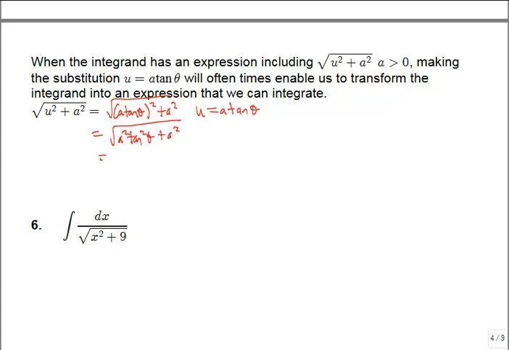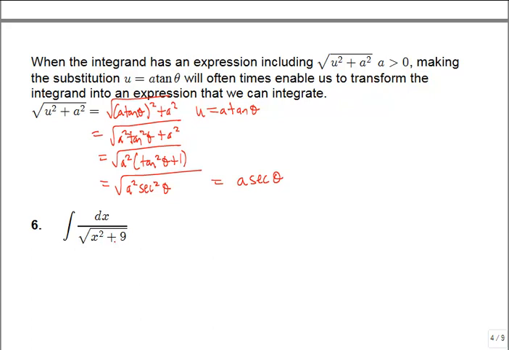If we factor out our a squared, we're left with tangent squared theta plus 1, which is a Pythagorean identity. Tan squared theta plus 1 is secant squared theta. And both of these now are perfect squares, so when I take the square root, this just turns into a secant theta. So using a tan theta works whenever you have a plus sign in between your sum of two squares.